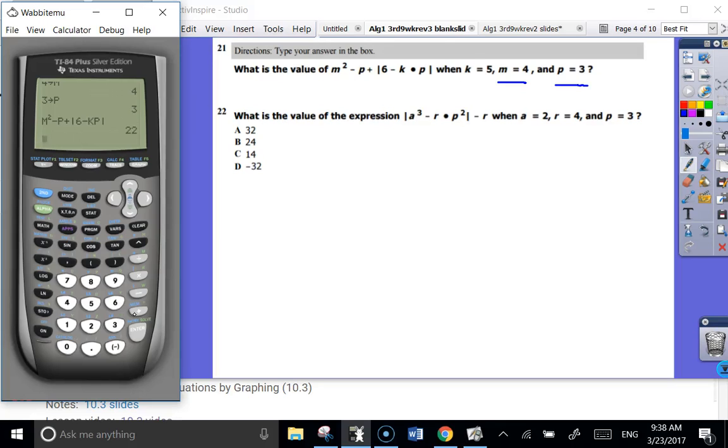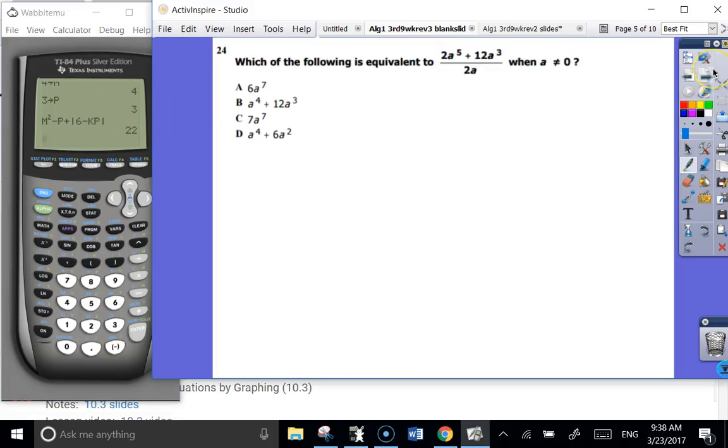But here's where it really starts to play an important role. And now, which of the following is equivalent? So this is like operations with polynomials that honestly we don't do great with.